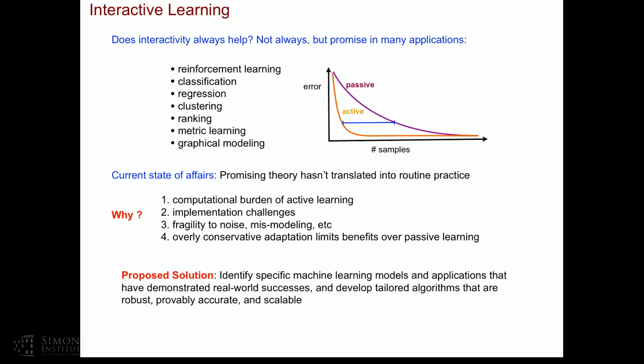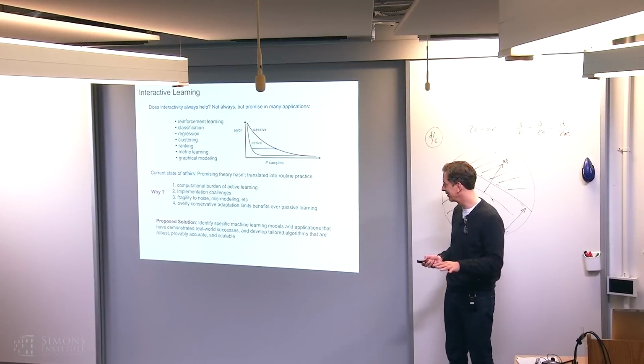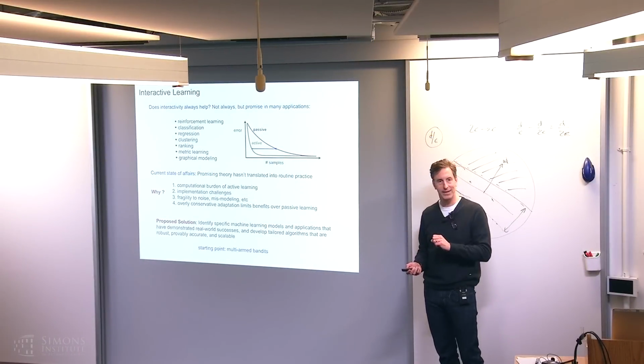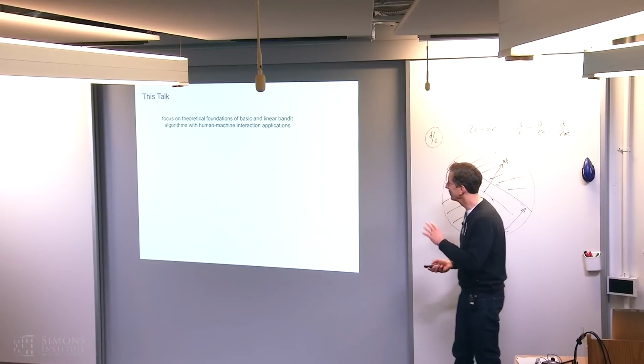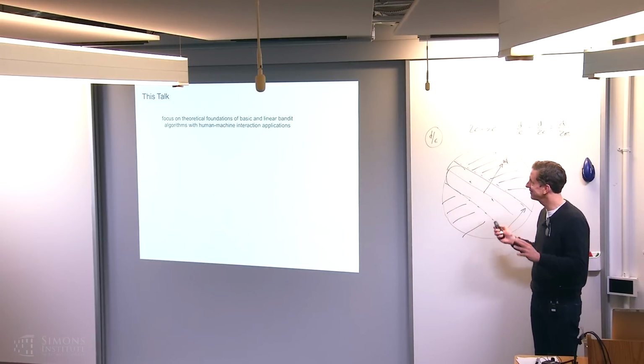So I'm going to go back to where Emma started in a lot of her examples. I'm going to think about multi-armed bandits, and I'll say a little more about why. Basically, I'm going to look at basic multi-armed bandits, linear bandits, and human-machine interaction applications with them.